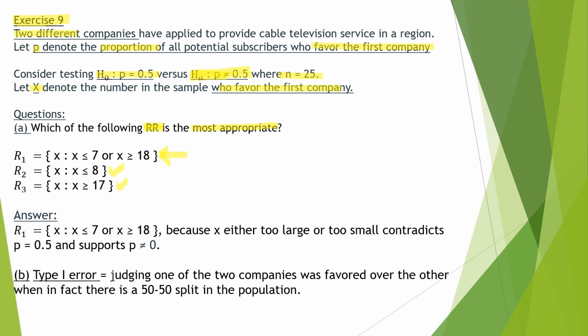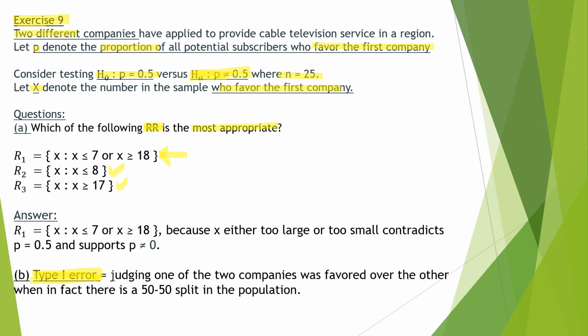Now, the second question asks for a type 1 error. We know what a type 1 error is. That's alpha. They were actually not asking for a calculation. We are just asked to write down the type 1 error. The type 1 error will be judging that one of the two companies was favored over the other when in fact there's a 50-50 split in the population. What does the null hypothesis say?